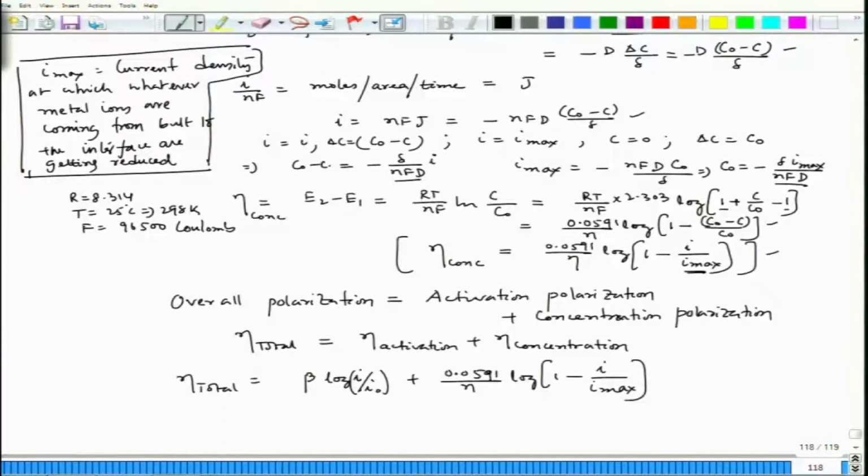Because when we have overall polarization, we should go first through the activation part and then the concentration part will come up. When we have activation controlled polarization, I have enough supply of metal ions from the bulk to the interface. So, there is no concentration depletion at that interface.